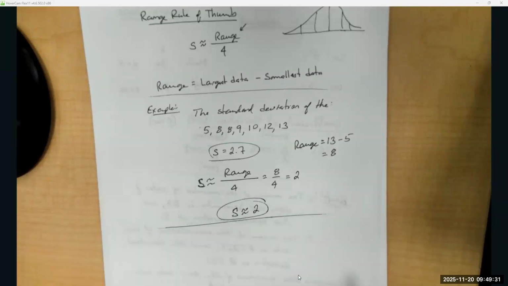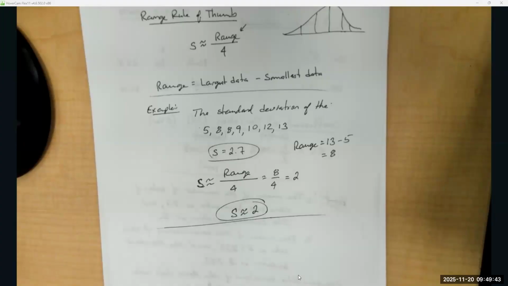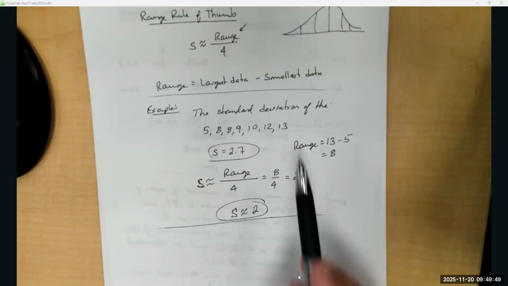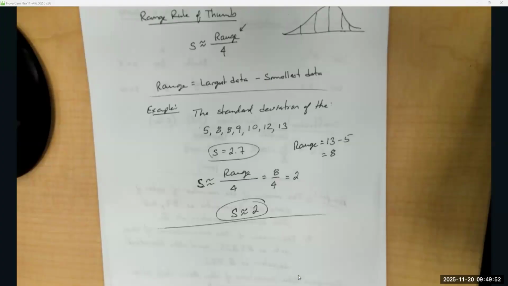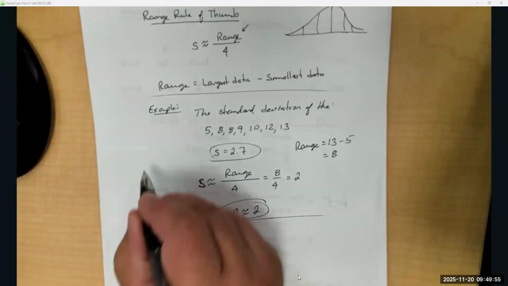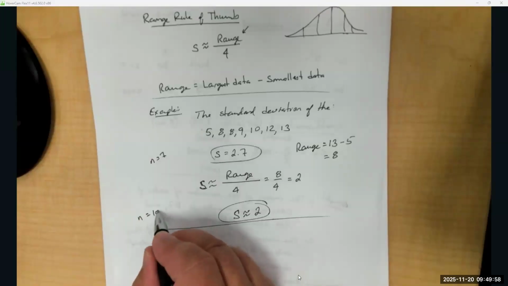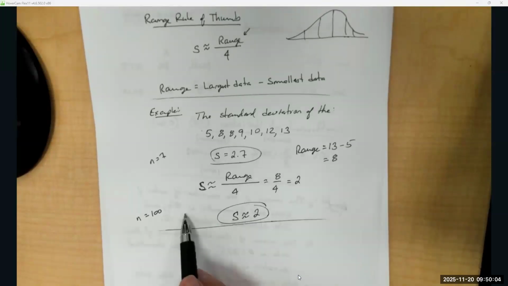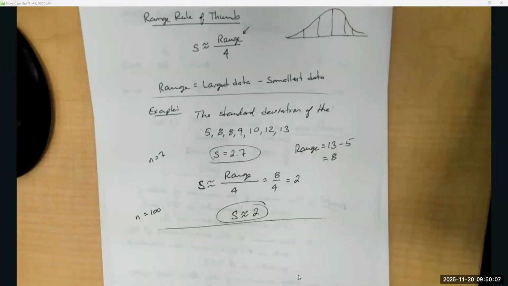If I gave you both of these, of the same data, without knowing which formula they came from, you really can't tell. And make sure it's the same data set, because this one only has 7 pieces of data. What if this one is n equals 7 and that one n is 100? This one's more accurate than that one because the data set is larger. So the larger your data set, the more accurate to the population your approximation is going to be.